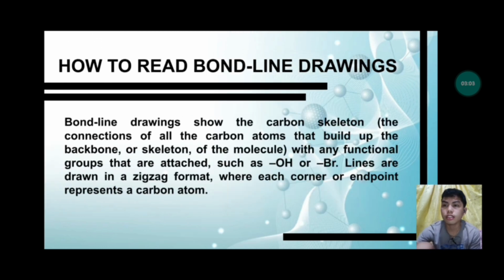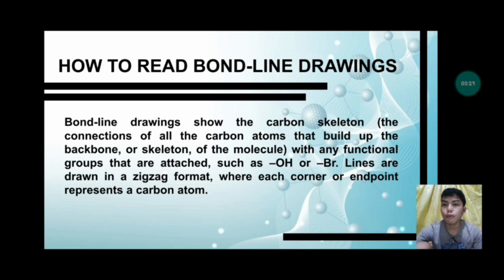So how to read bond line drawings? Bond line drawings show the carbon skeleton, the connections of all carbons that build up the backbone or skeleton of a molecule, with any functional groups that are attached, such as hydroxyl or bromine.